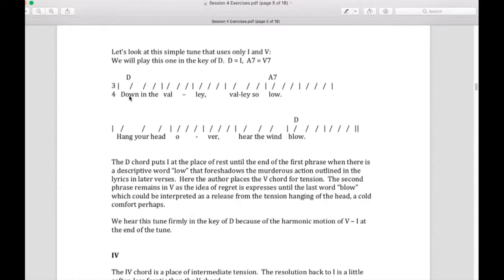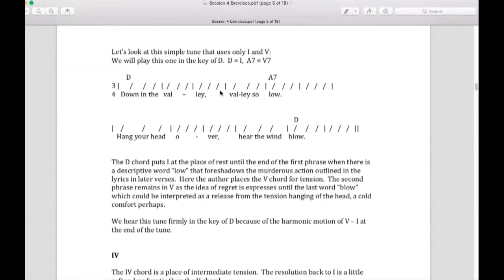So this whole first phrase, down in the valley, valley so low. And then the second phrase stays in A7, remains in 5, as the idea of regret is expressed until the last word, blow, which I suppose could be interpreted as a release from the tension, the hanging of the head, a cold comfort, perhaps.